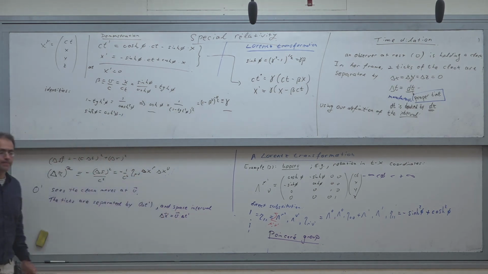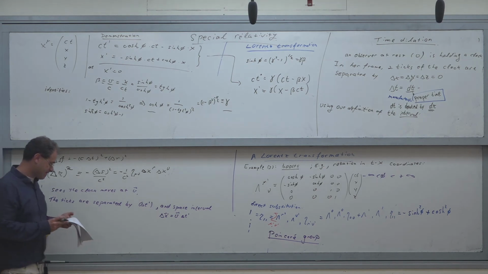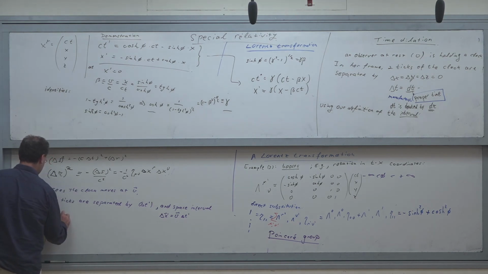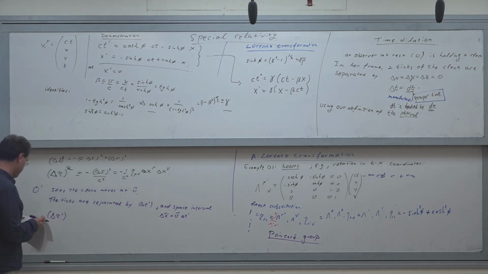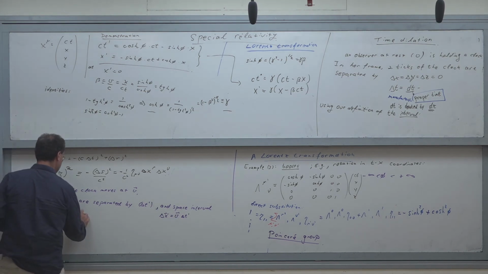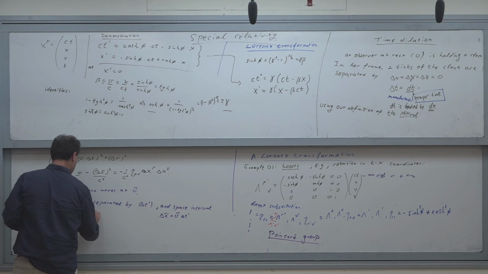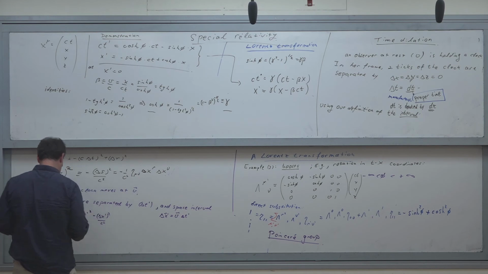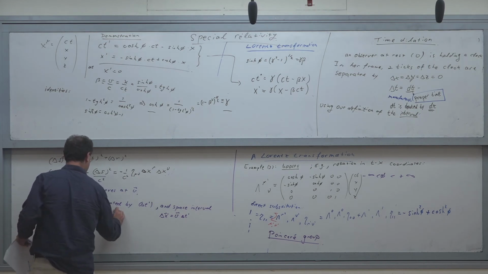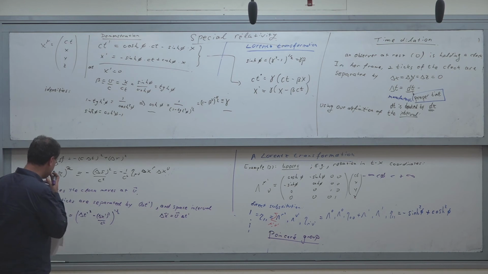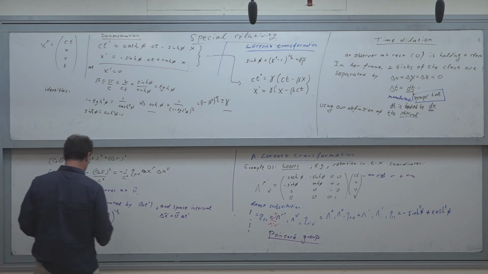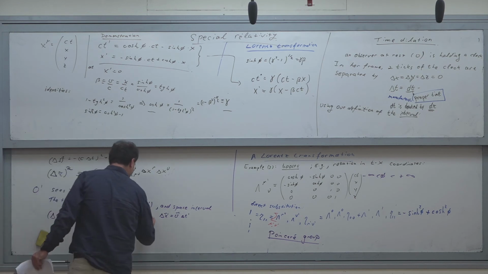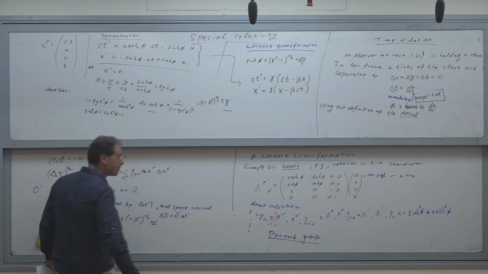We want to be precise. So the proper time, delta tau prime, is just delta t prime squared minus delta x prime squared over c squared, to the power 1/2, which is just 1 minus beta squared to the 1/2 times delta t prime.